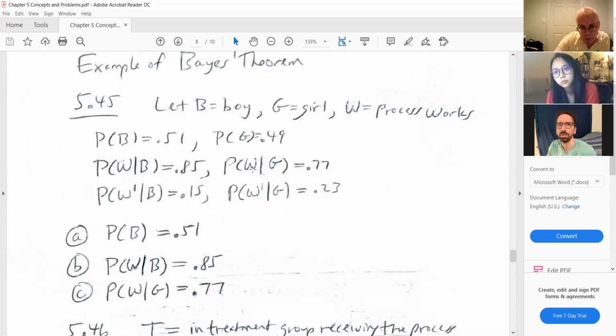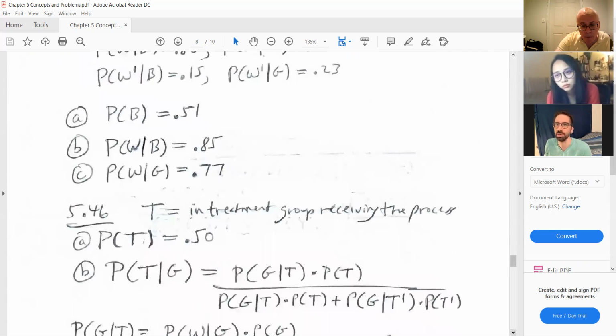You're saying this should be the probability of G given W. That's the way I interpreted it. But you're right, intuitively I feel like it should be closer to 0.5, because the answer you end up getting if you do it the way I said is 0.7857, which means it's very likely that they had the treatment.